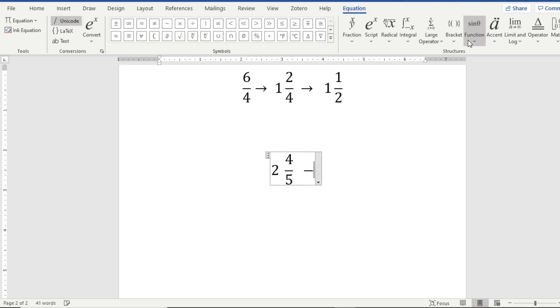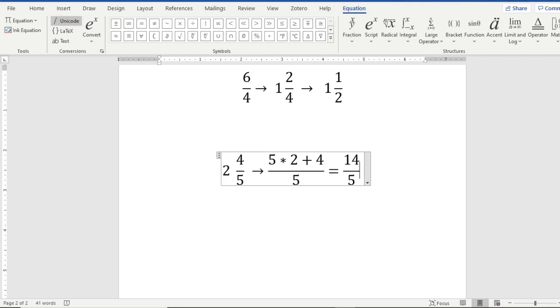To do this, we're going to take the denominator, multiply it by the 2, and then add the 4. So this is going to be 5 times 2 plus 4, divided by 5, which would give us 14 over 5.